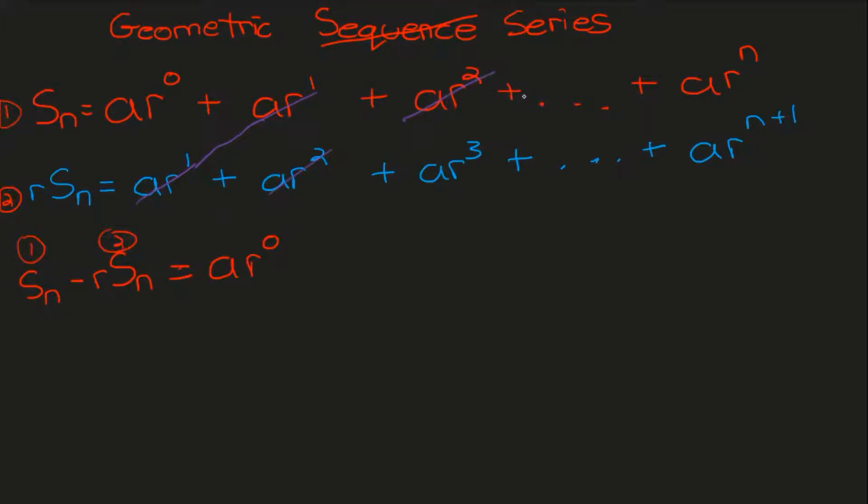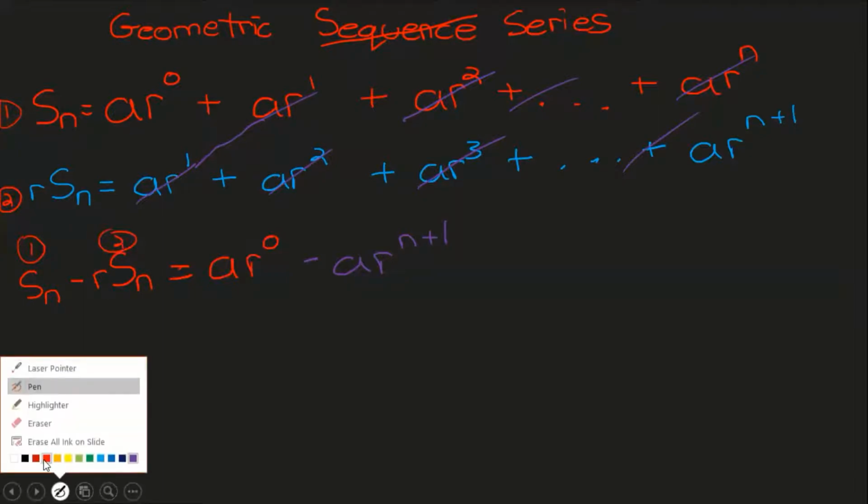And now you can envision that this is going to happen across the board, all the way, even with a r to the n, that's going to be somewhere in our series, leaving us with a r to the n plus 1. Now I left it as a subtraction because remember, we're subtracting 2 from 1.